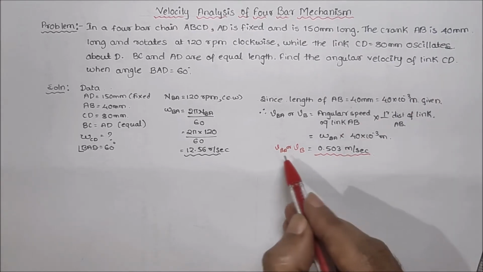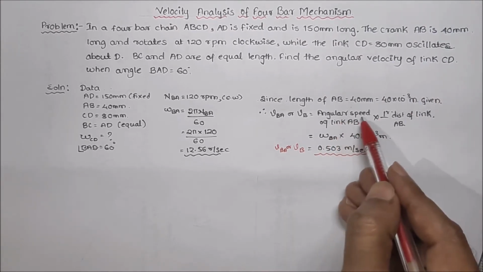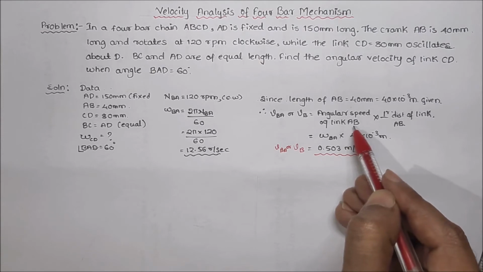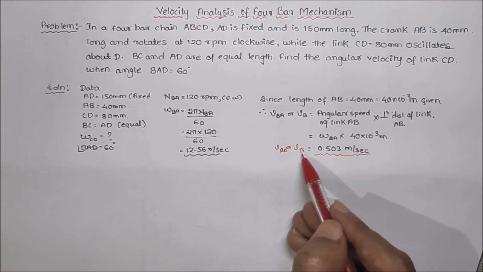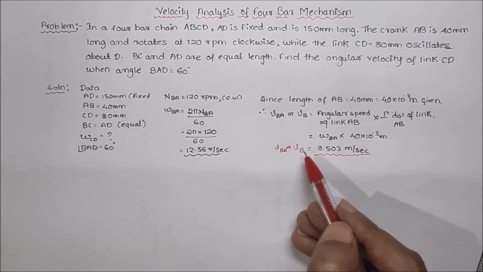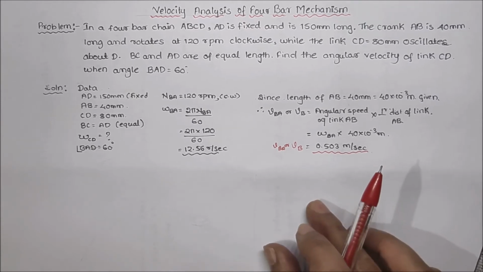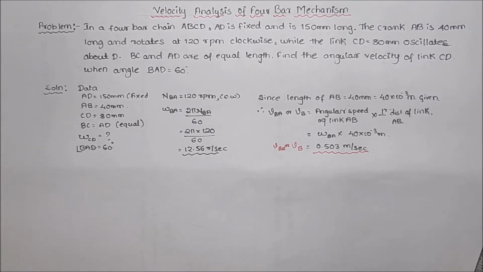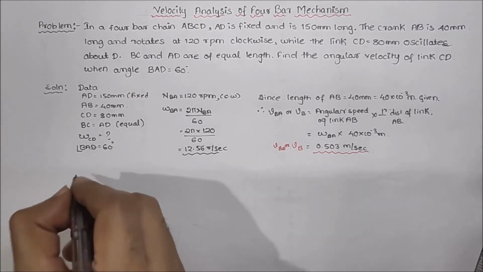To find out the angular velocity of a link CD, we should know the velocity of C point, velocity of C. How we can do? We can do it by doing the graphical method. For doing the graphical method, first we need to draw the space diagram.